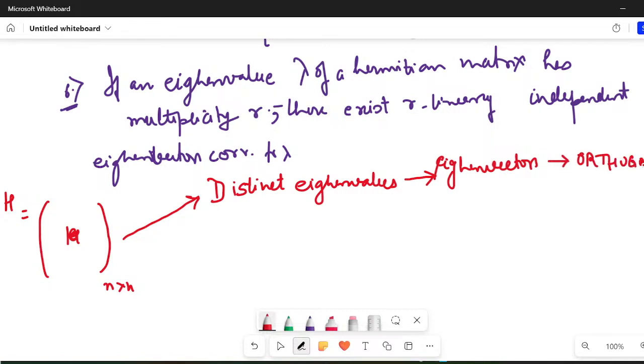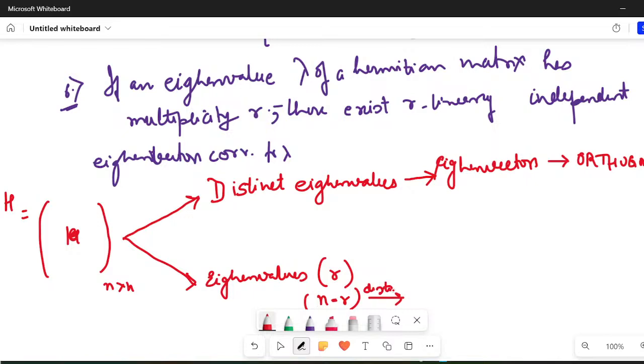Good enough? Now it may so happen that there are some common eigenvalues. Let's say there are some eigenvalues which are repeated r times, and the others, let's say, n minus r, so corresponding to these n minus r distinct eigenvalues there would be eigenvectors, and these eigenvectors are also orthogonal.